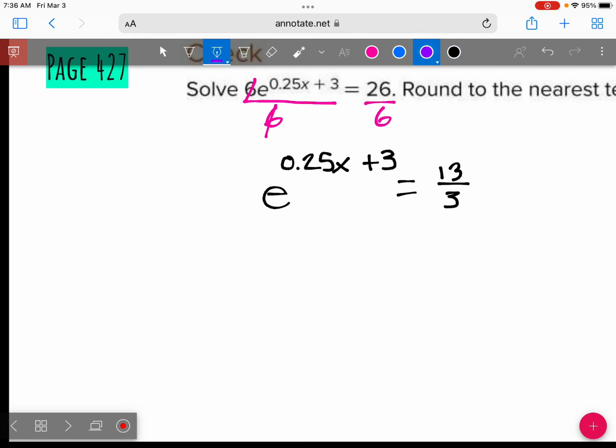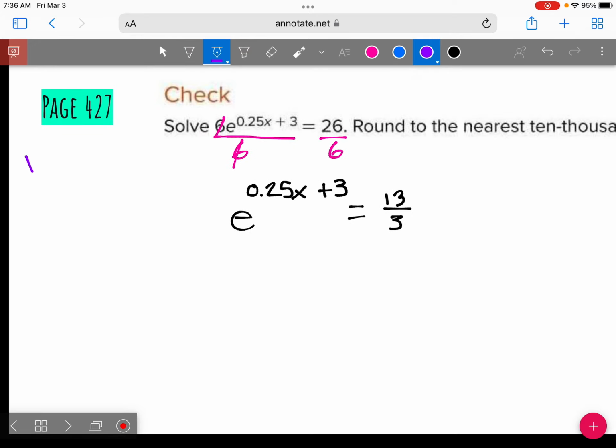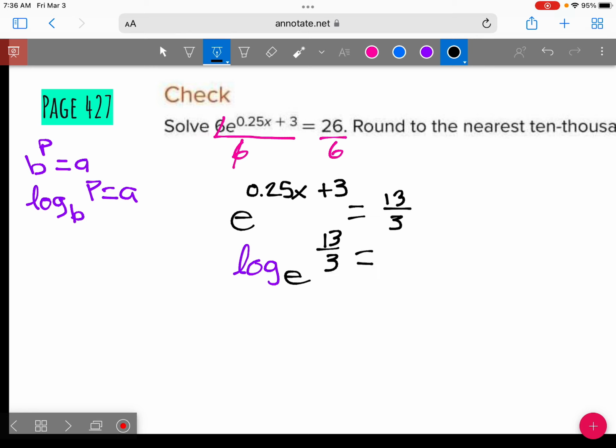So we're gonna go ahead and do our BPA log VAP stuff. That's a B. So we're gonna wind up with log base E of 13 over 3 equals that humongo decimal, 0.25x plus 3.